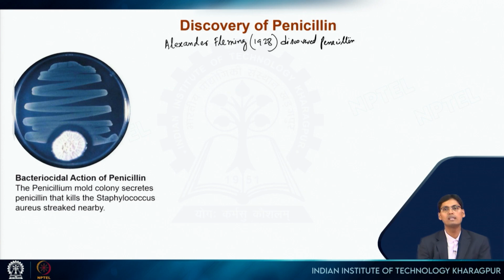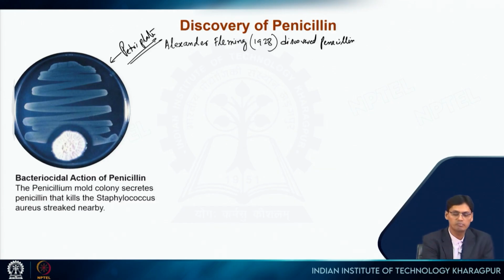What he observed was, he was working with some bacteria. As you can see, this is called a petri plate or petri dish. If you streak some bacterial culture, that means you are putting some bacteria with some kind of sterile material here, something like this.